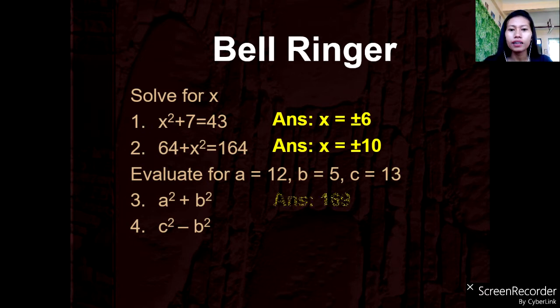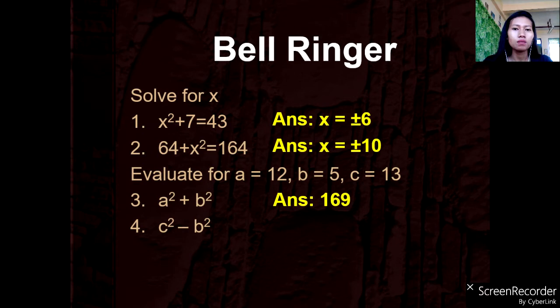The answer would be 169, because the square of 12 is 144, plus the square of 5, which is 25. So 144 plus 25 results to 169.